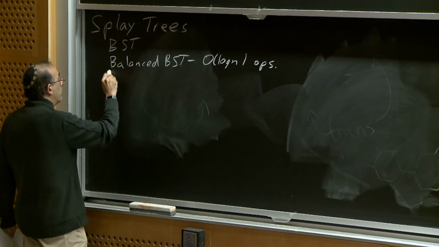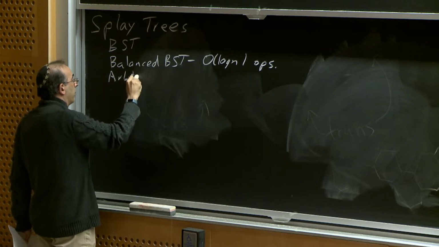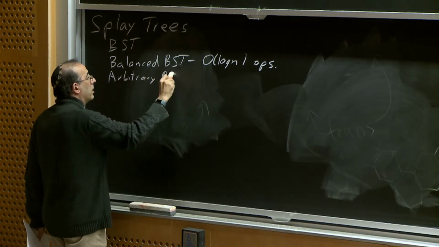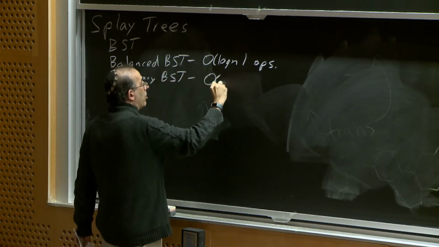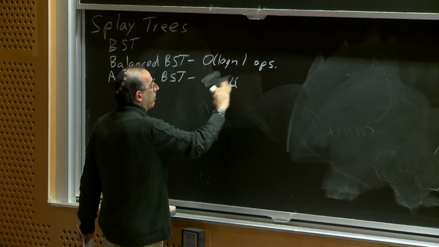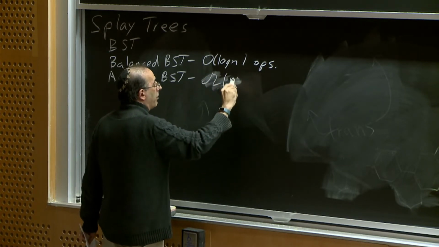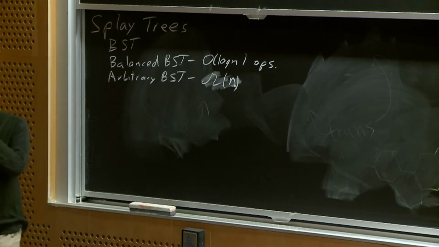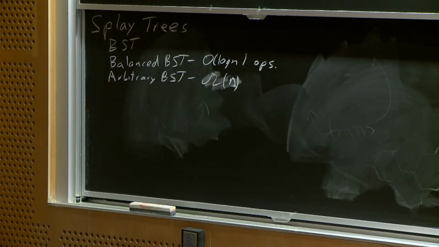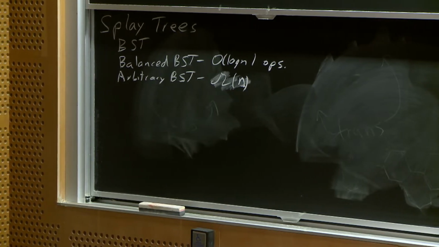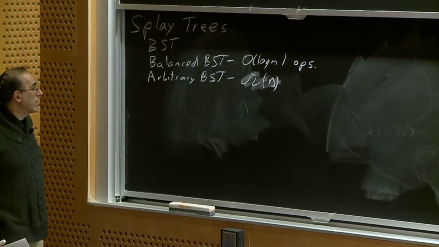But an arbitrary binary search tree can spend omega of n time on any of these operations, because if you're not careful about your insertions, you can end up with a binary search tree that looks like a path, and now it's a linked list, and so everything gets very slow.